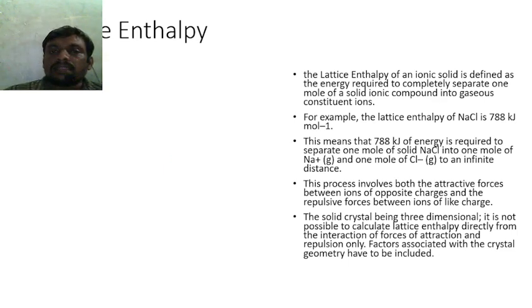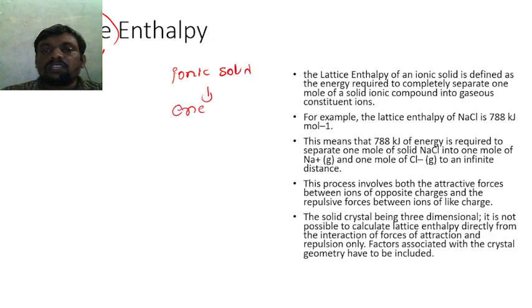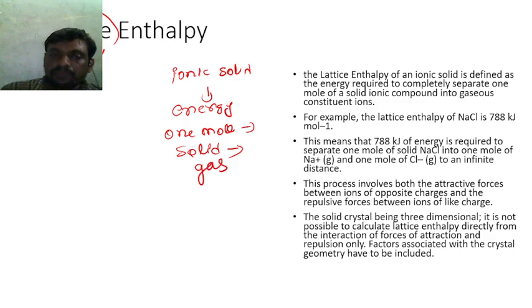Finally, lattice enthalpy. What do you mean by that? In the previous slides we have seen lattice enthalpy of an ionic solid. Let us take an ionic solid. It is defined by the energy required to completely separate 1 mole of a solid ionic compound into a gas. That energy is nothing but lattice enthalpy.